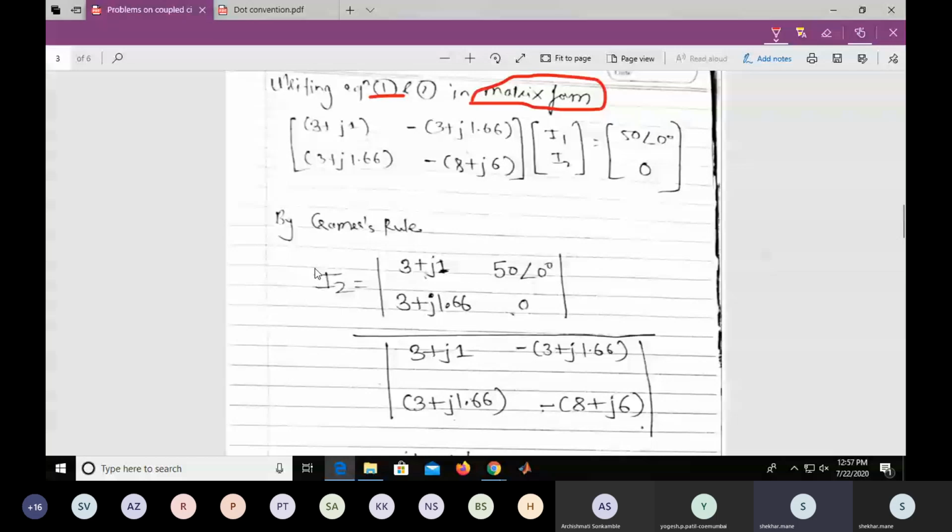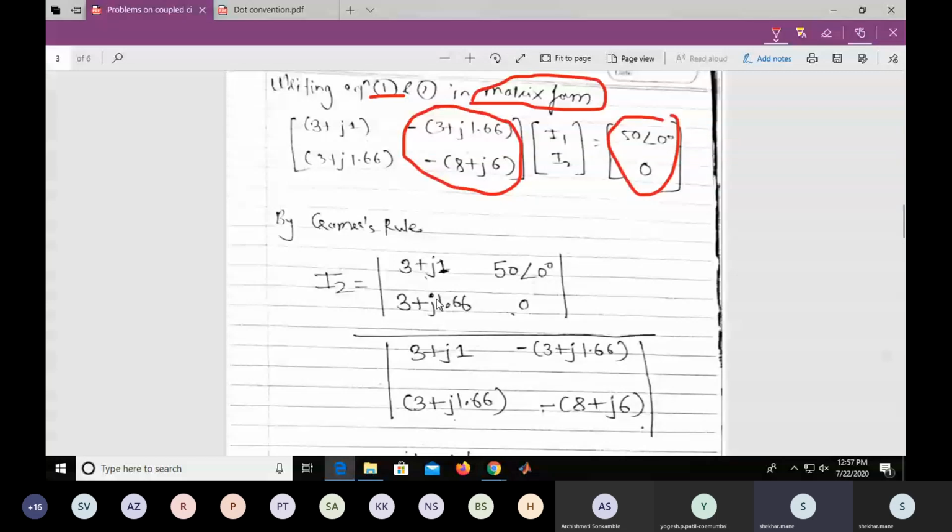Now see here. Remove this part, and instead of this part, write this part here.